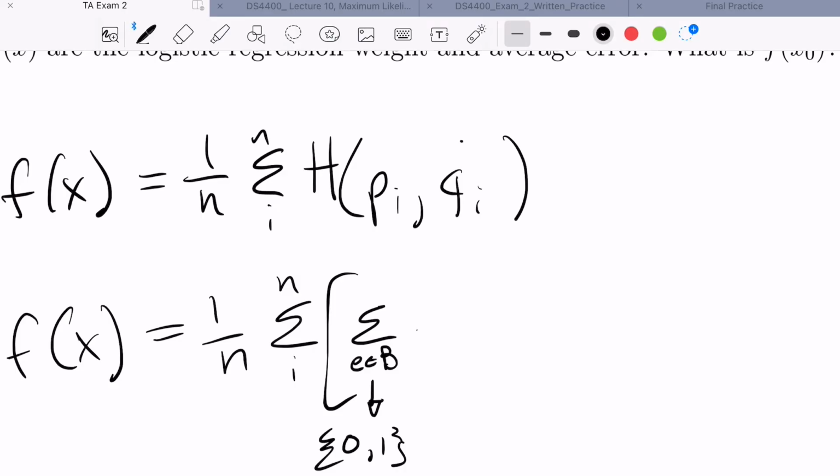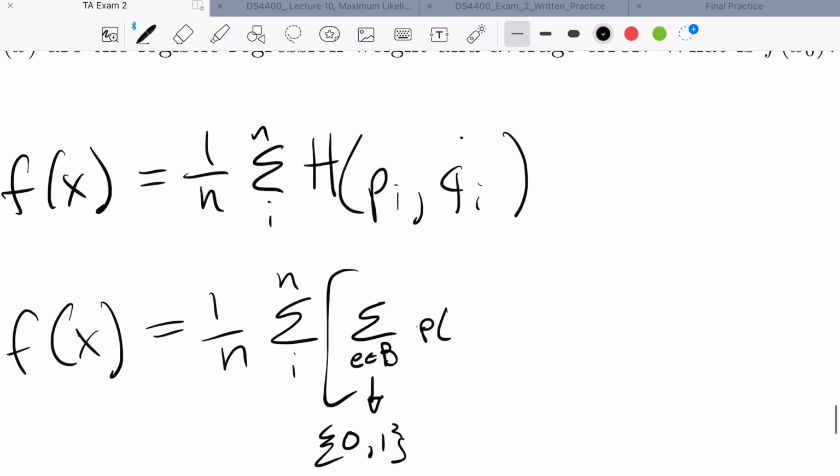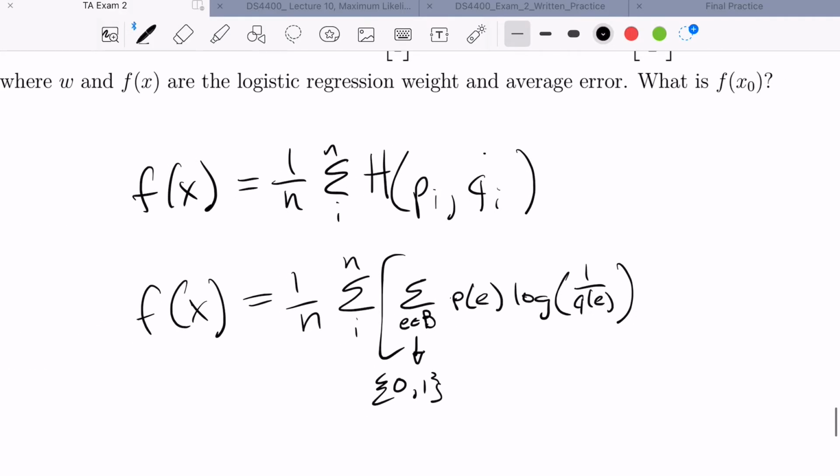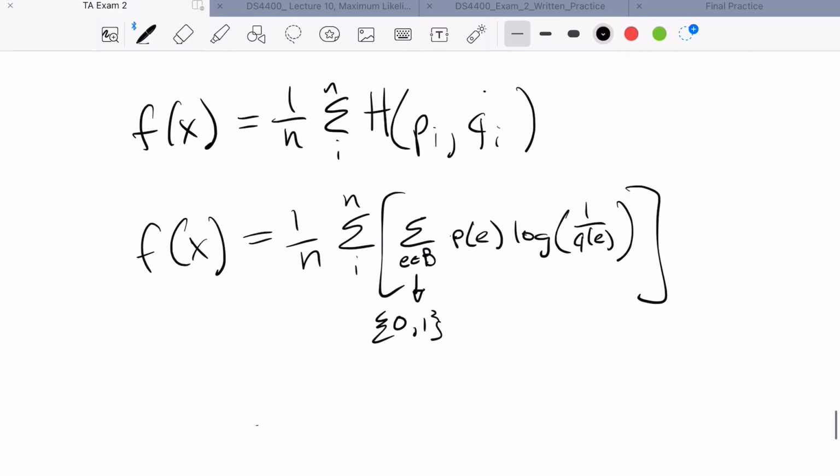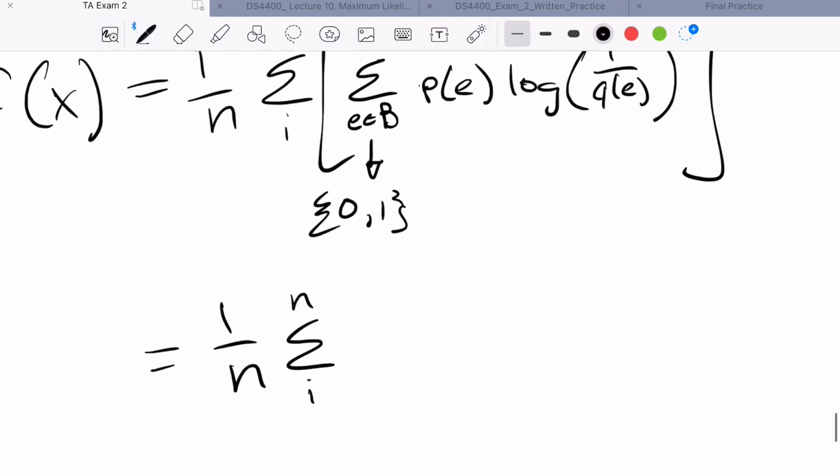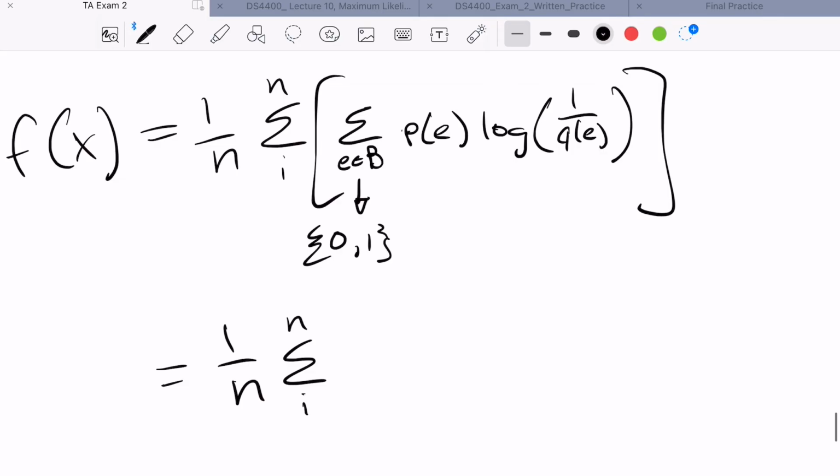And this is P of E log of 1 over Q of E. And we write this again, we have 1 over n, sum i to n, and this is another sum.